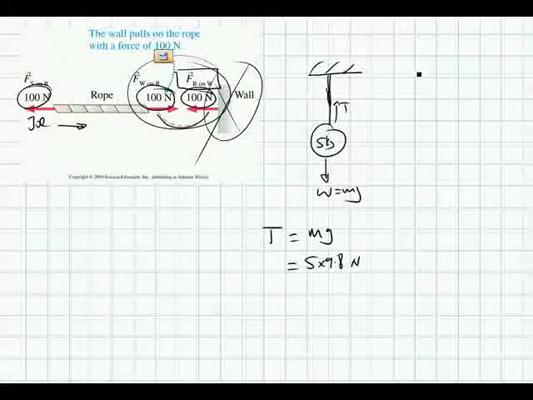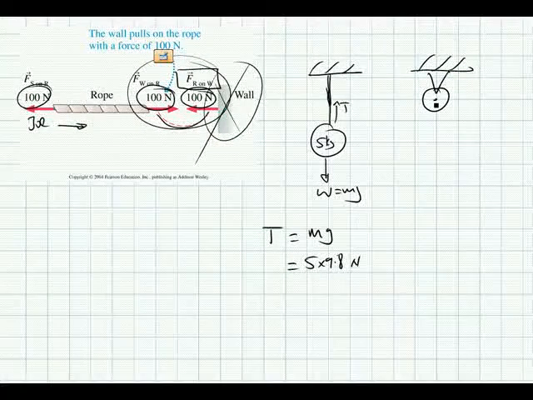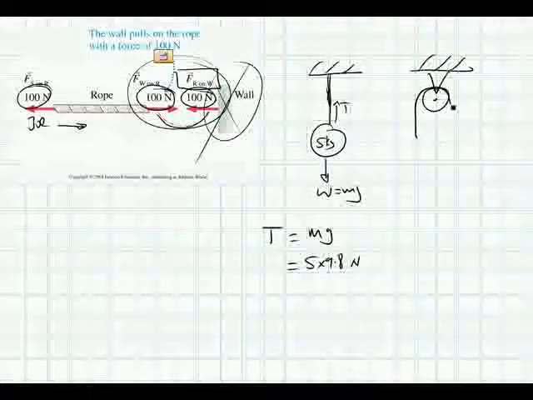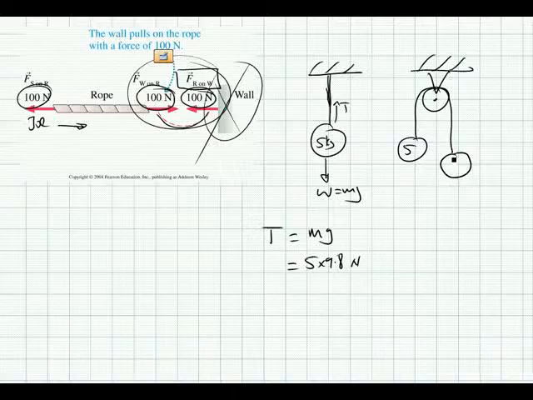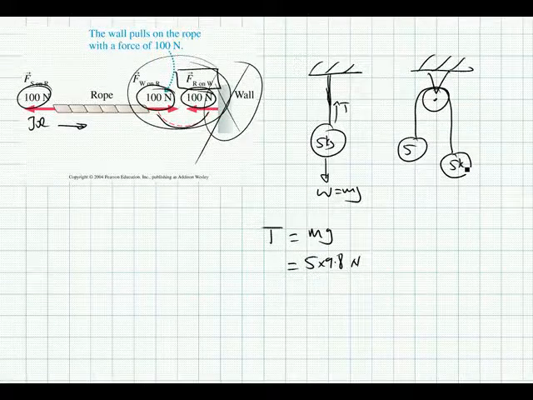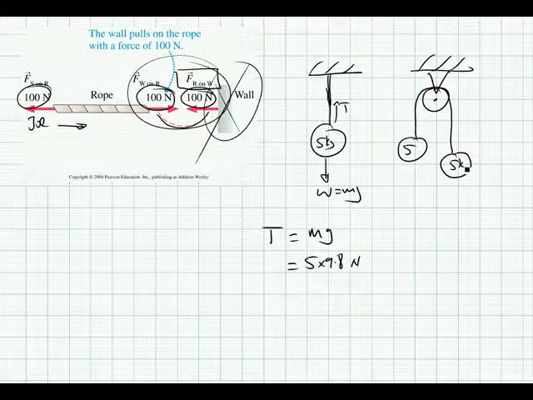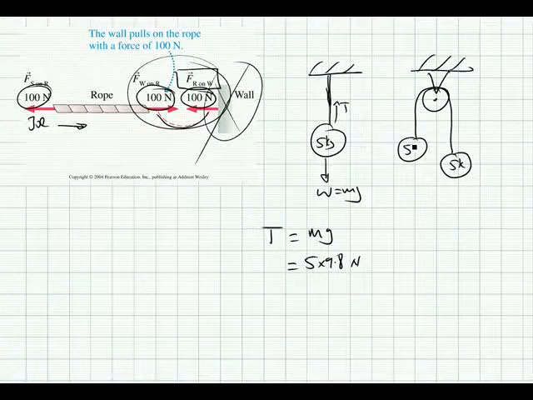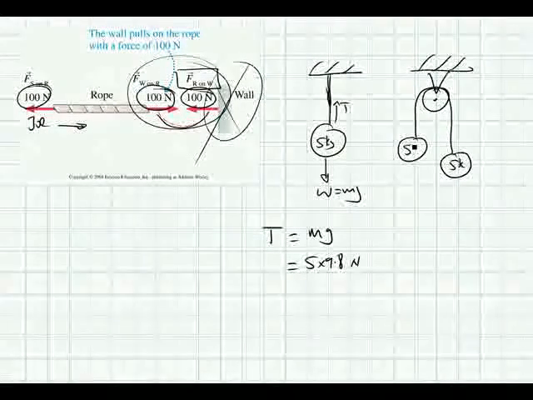Now, if I consider a situation where I have a pulley, a string, and two 5 kilogram masses hanging from it, what is the tension in the string in this case? Let's consider the mass on the left hand side. Obviously we have equilibrium, with equal masses on either side.